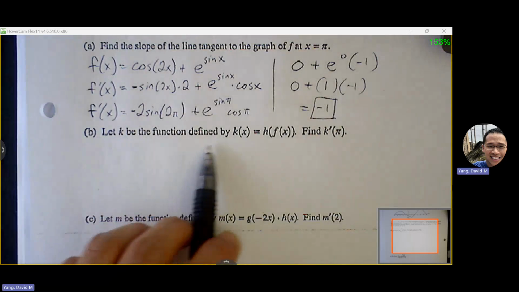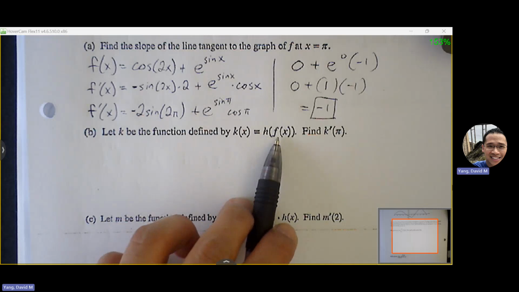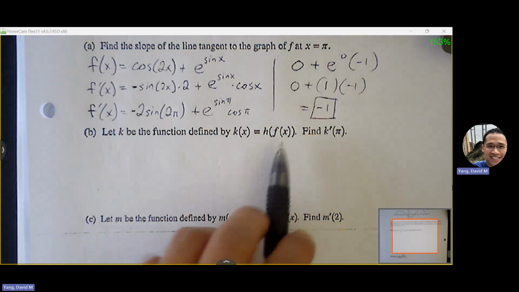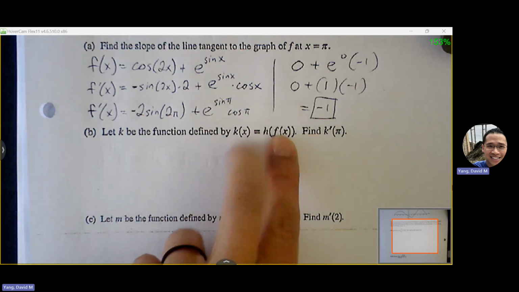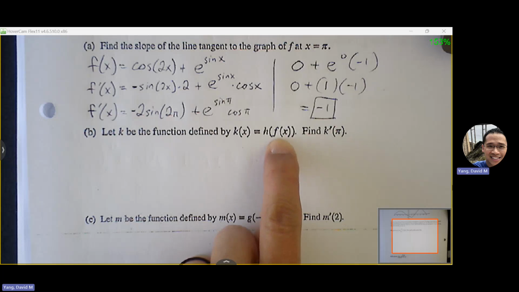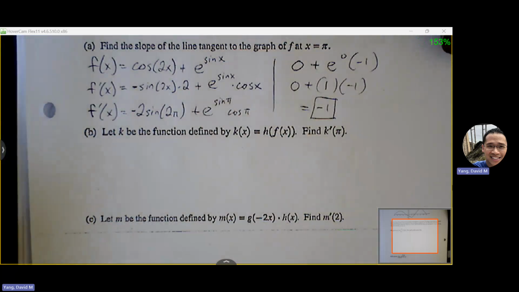Okay, let k be the function defined by k of x equals h of f of x. Find k prime of pi. And you guys look at this and recognize what rule do we have to use to get the derivative? Same rule, yeah. So outside times inside derivative. So spend a minute, see if you can build out your derivative using chain rule. We can plug pi in.